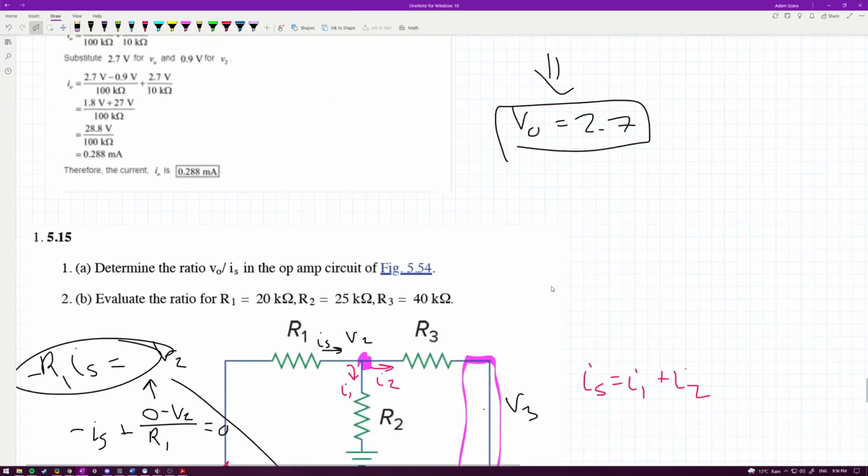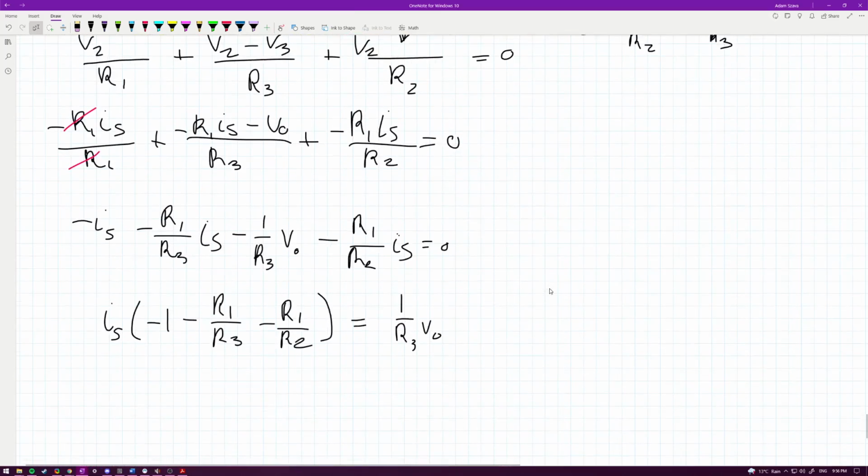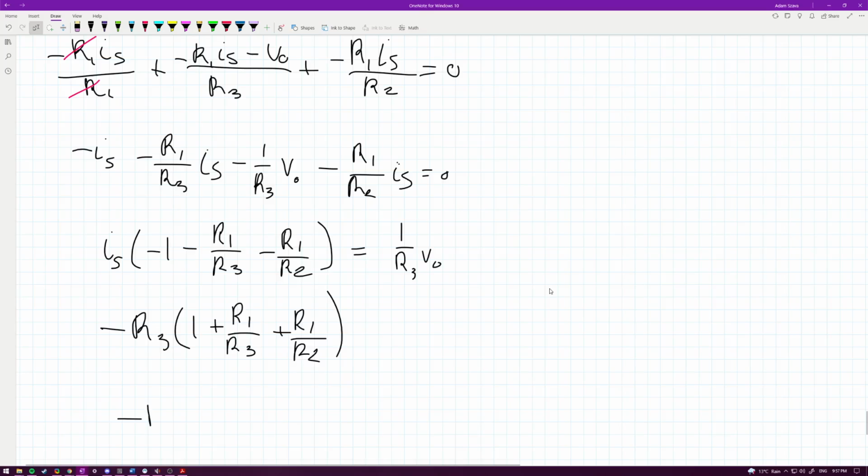We're looking for V naught over IS, so factor the negative out: negative R3 times 1 plus R1 over R3 plus R1 over R2. So this is negative R3 minus R1 minus R1 R3 over R2 equals V naught over IS.